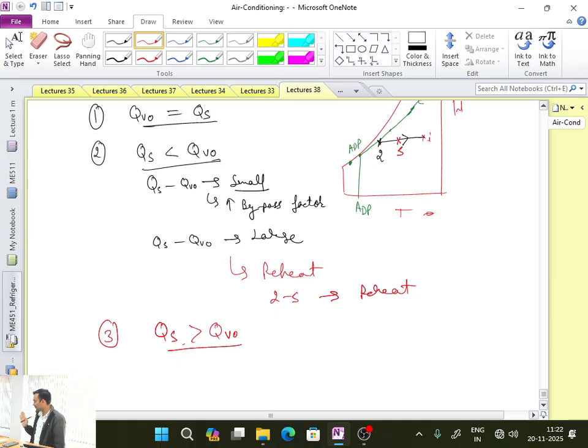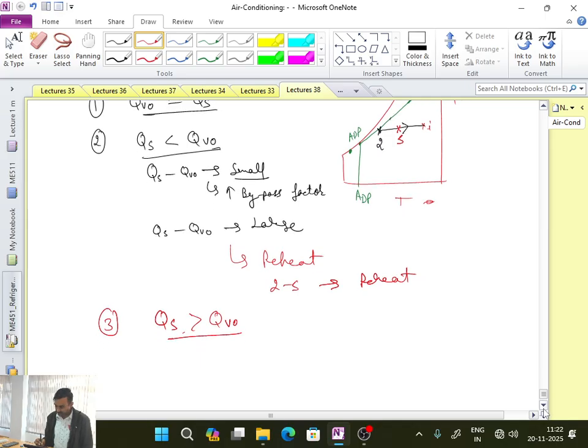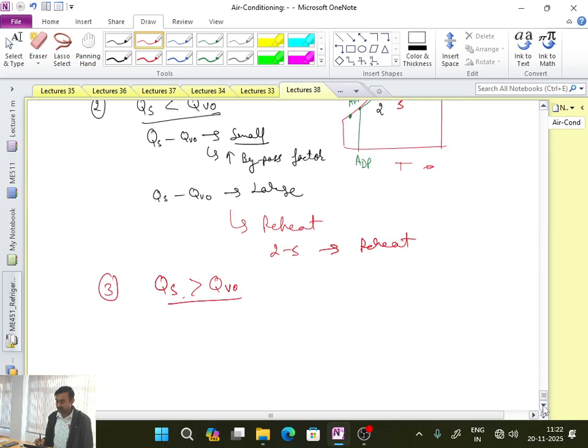Is this point clear? This type of system is typically preferred in hospitals and intricate processes where the growth of bacteria and microorganisms is not desirable even to the smallest extent. Okay.